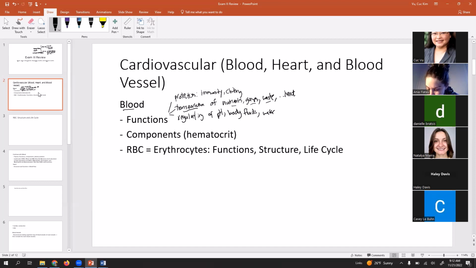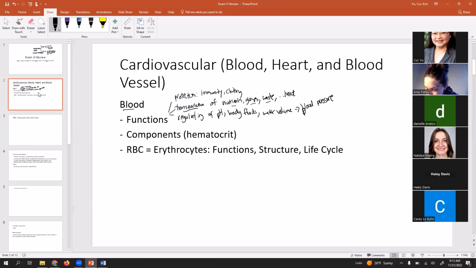Water volume in your blood. And if you can regulate water volume in your blood, essentially you're also regulating what? Blood pressure. Exactly.